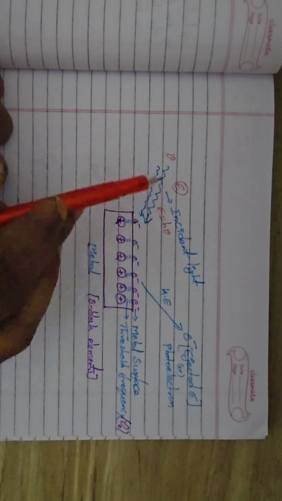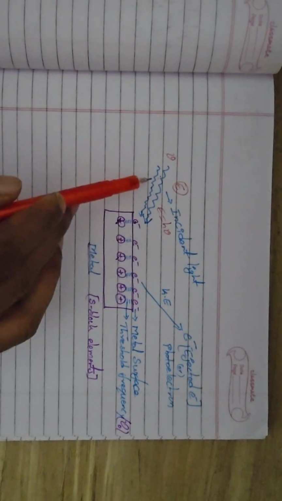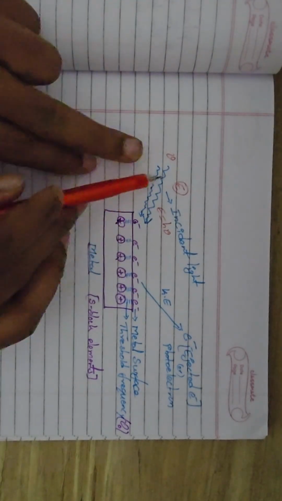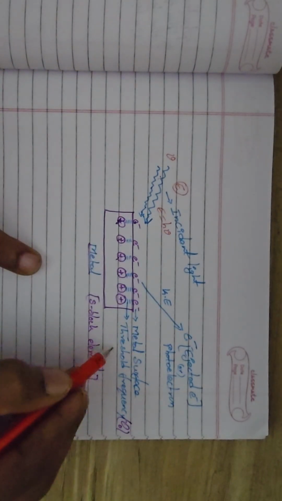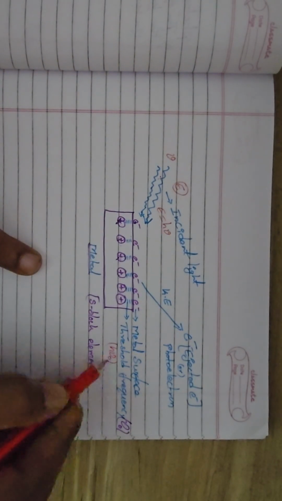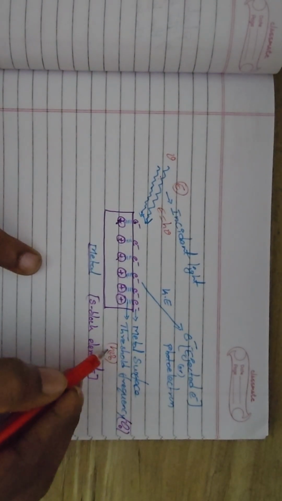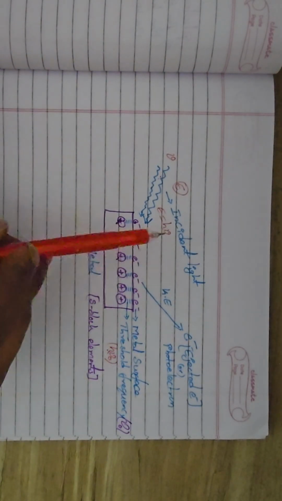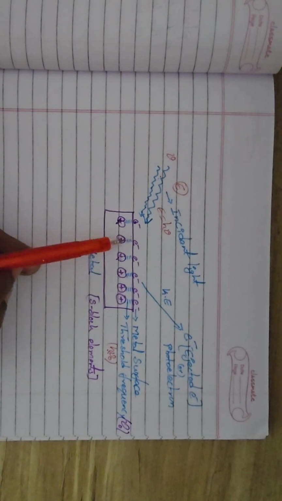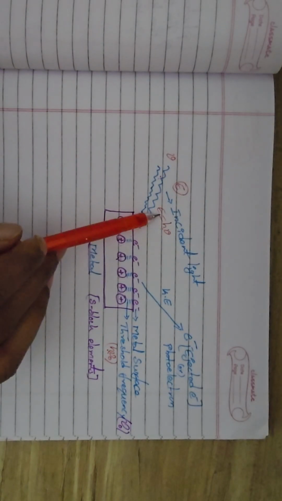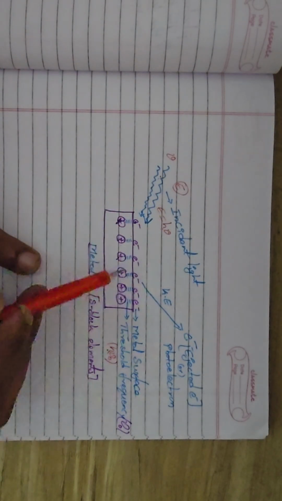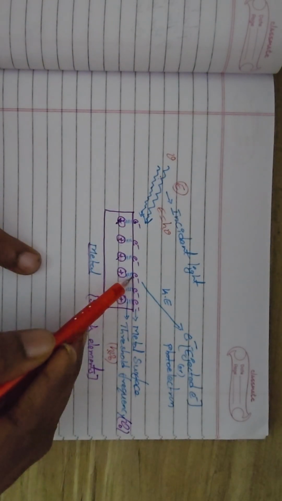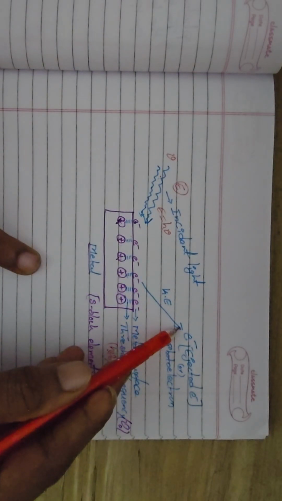Incident light energy is h nu, and threshold energy is h nu naught. So from the incident energy, some amount is used to break the interaction between nucleus and valence electron, and the remaining amount is used for ejection of the electron from the metal surface.